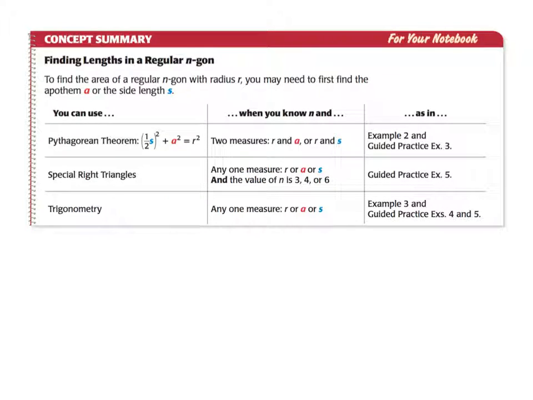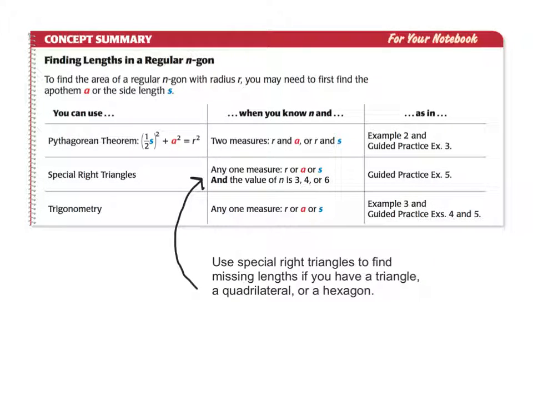So if you have r, the radius, or a, the apothem, or s, the side length, and the value of n, so the number of sides is either 3, so if you have a triangle, 4 if you have a quadrilateral, or 6 if you have a hexagon. So you will have special right triangles if you have a triangle, a quadrilateral, or a hexagon. And if you need to see an example like that in the book, look at guided practice example number 5.